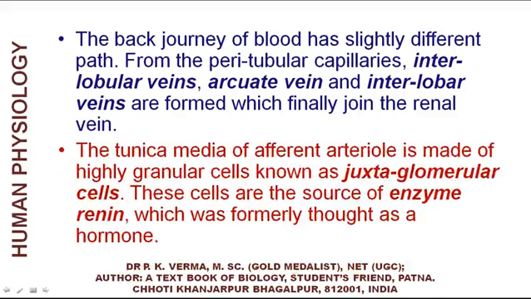When there is low sodium inside blood, these cells secrete the enzyme renin that helps in absorption of sodium from the descending limb, ascending limb, and collecting ducts. Renin helps in absorption of sodium by active transport, but it also allows discharge of potassium.